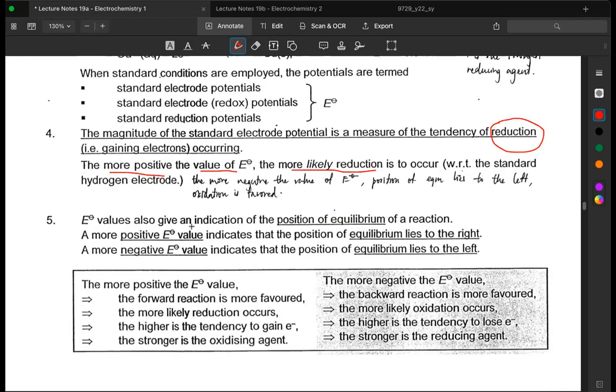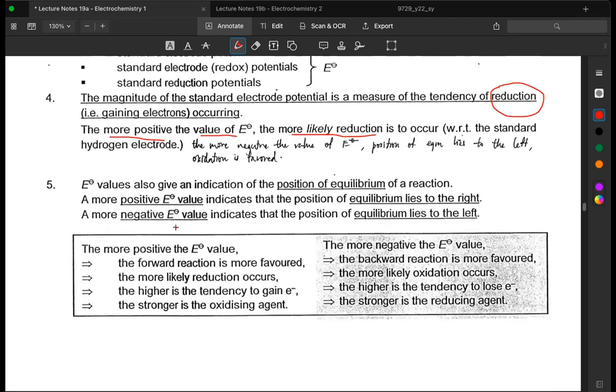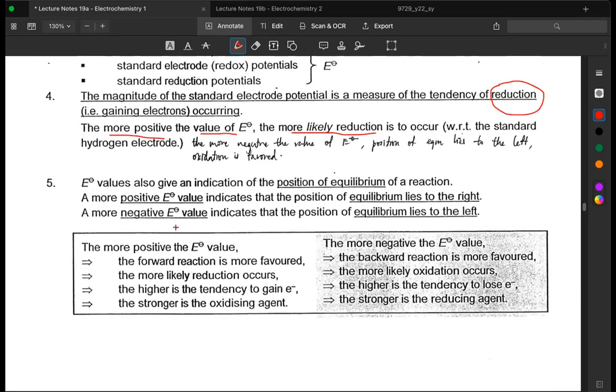So looking at the E0 value, the redox potential value, will actually tell you the position of equilibrium. If you have a more positive E0 value, your position of equilibrium is towards the right. So it is favoring the reduction process. So here, favor reduction.